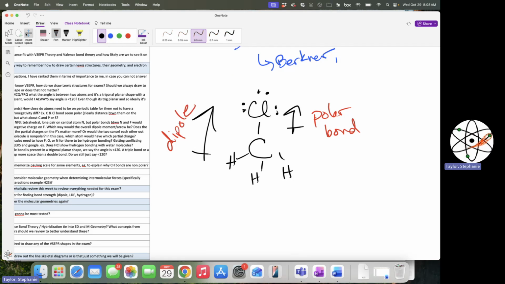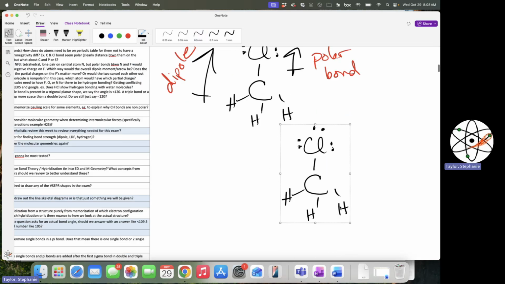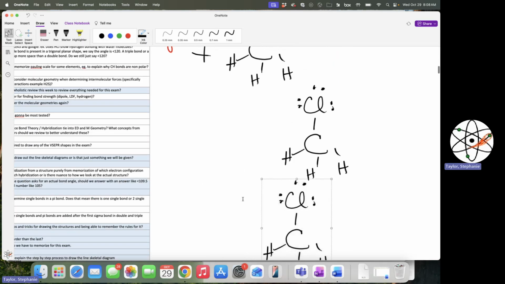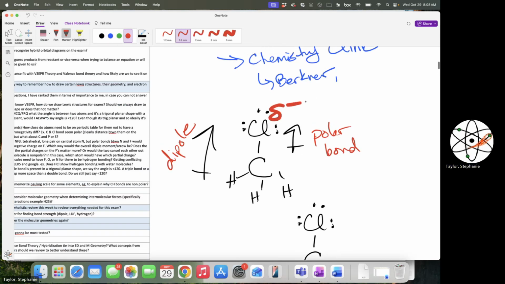And then when I'm talking about the intermolecular force, I'm talking about the fact that I have multiple of these molecules, and they will essentially line up where I have a partial negative where the chlorine is, and partial positives where the hydrogens are.